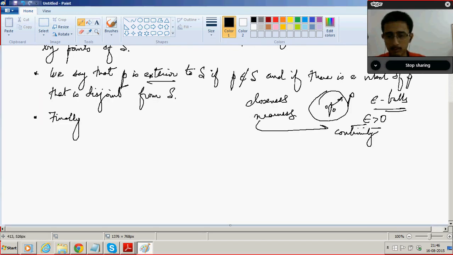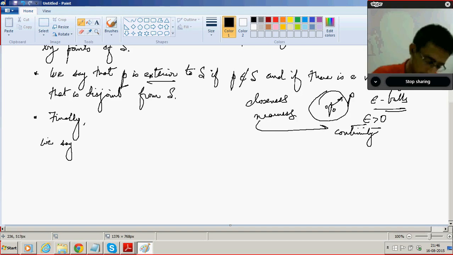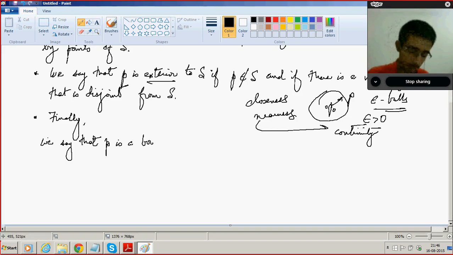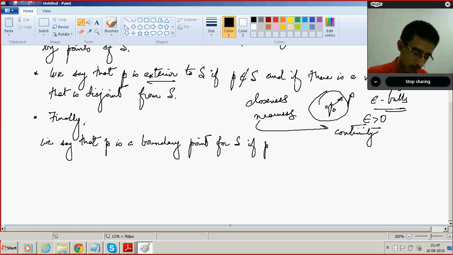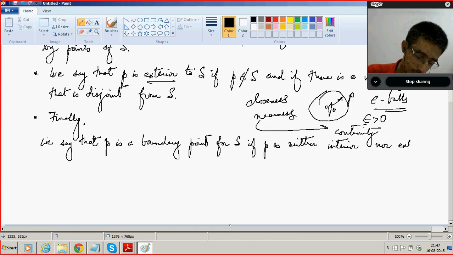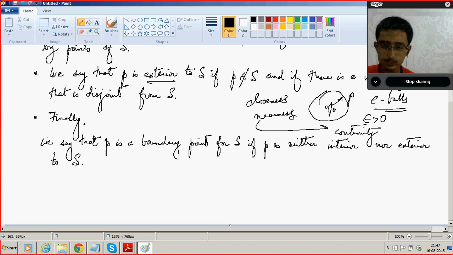So finally, we say that P is a boundary point for S if P is neither interior nor exterior to S. A boundary point, write down further, it is important.